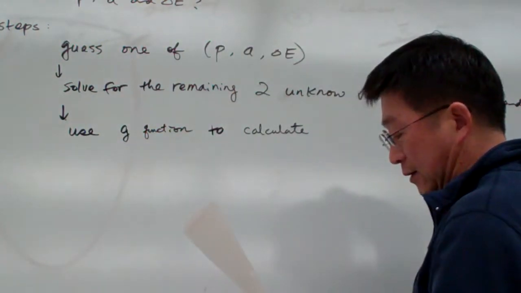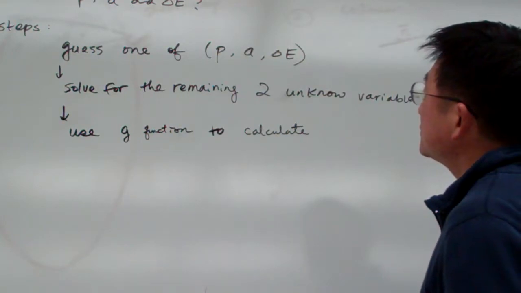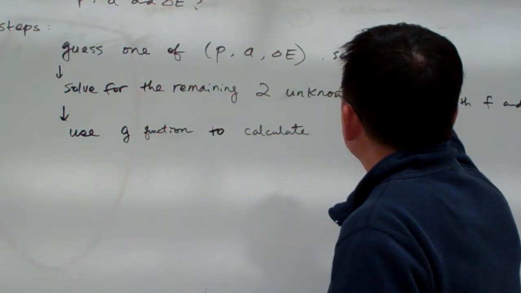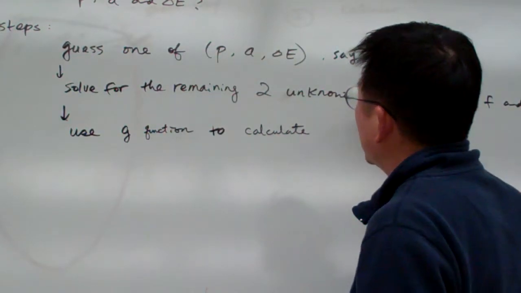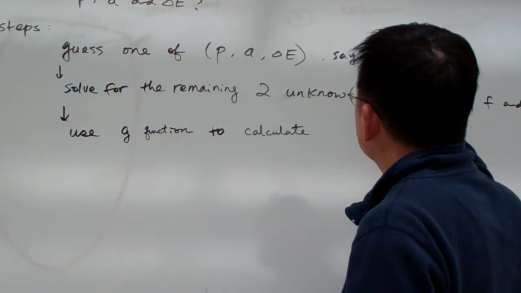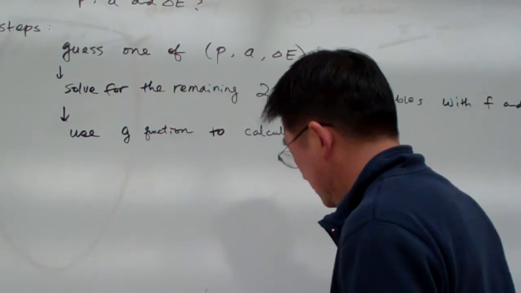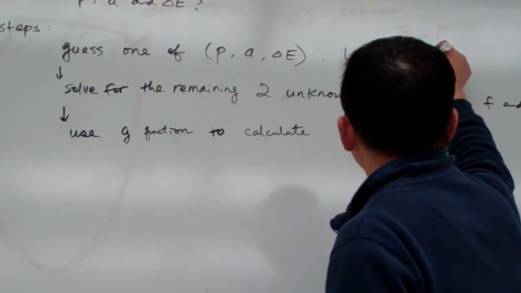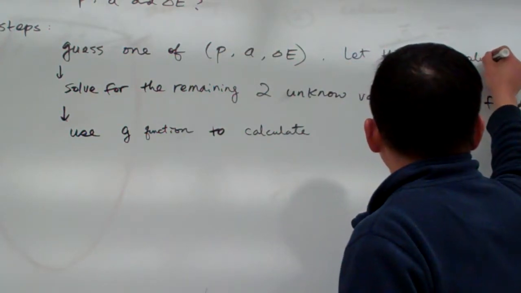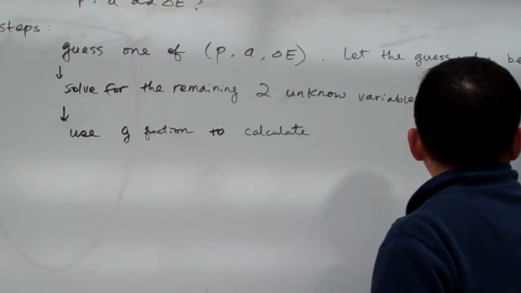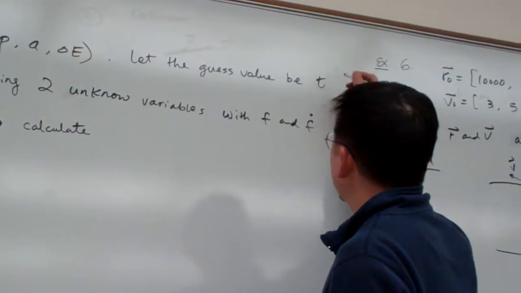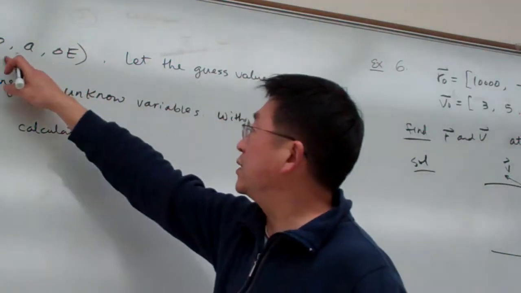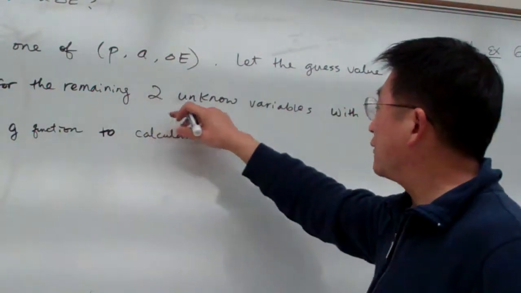So T, we guess one value. T would be, say, P or A or delta E. And then we have the two unknowns to solve.